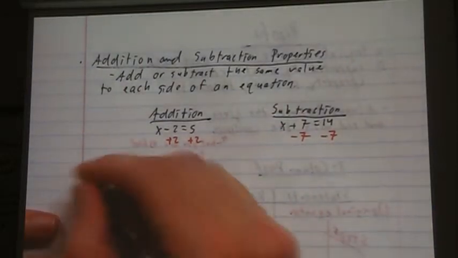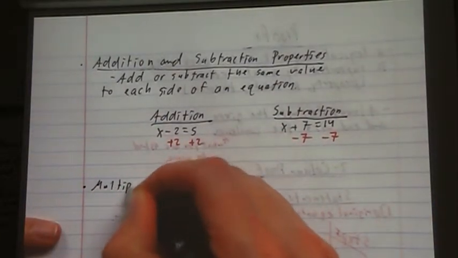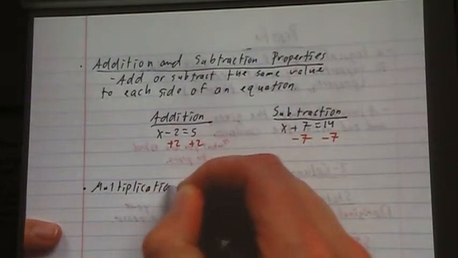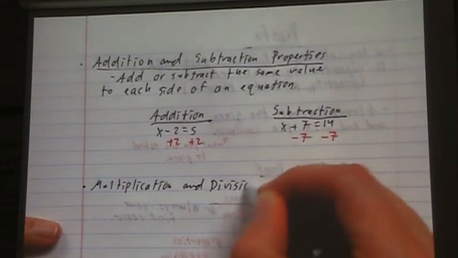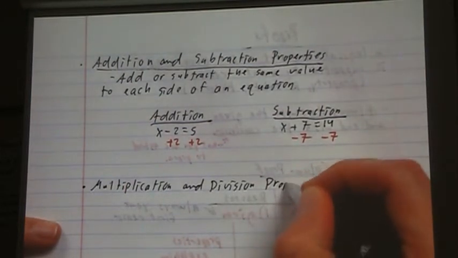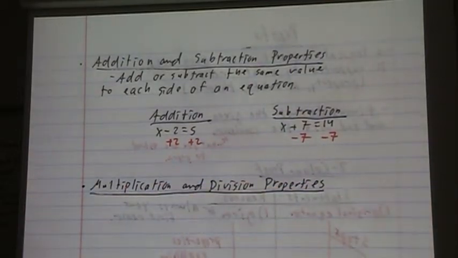Next two are multiplication and division properties. And here too, you might see the of equality at the end of these properties.